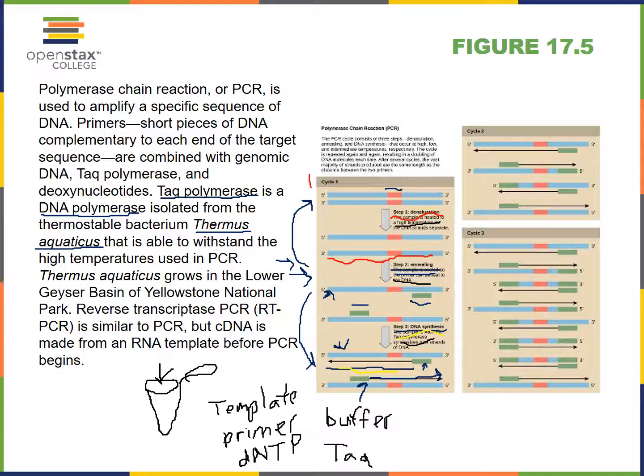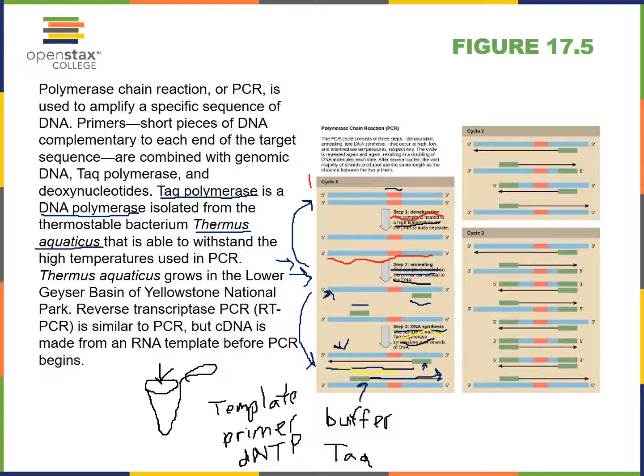PCR is a cycle with 3 steps. The first step is denaturation. It's done at 95 to 99 degrees Celsius. You're making DNA single-stranded. The second step of the cycle is annealing. That's between 50 and 65 degrees Celsius. You're allowing your primers to bind to the template.